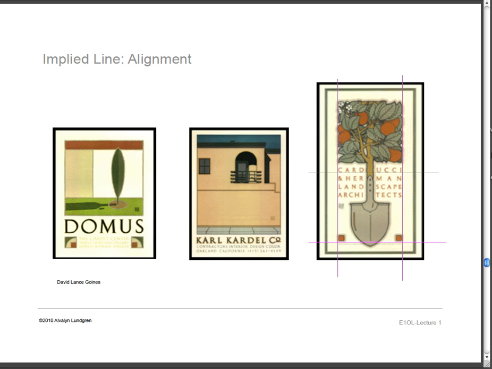In these posters, implied line is very much evident and helps keep the space organized. It does flatten space in terms of how things are aligned, so that we have the line here and we have an implied line here, and I've actually sort of diagrammed or illustrated some of the implied lines by using inscribed lines.